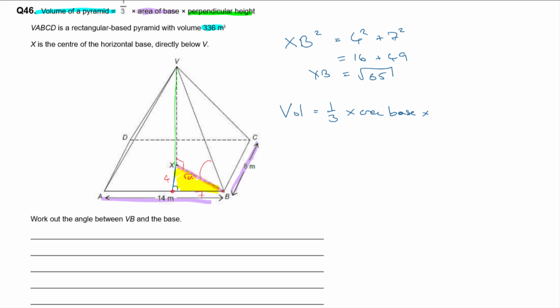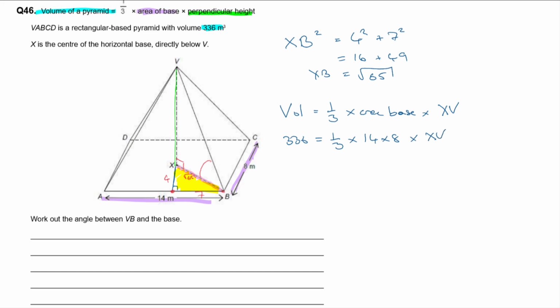Well, I'm just going to call it times XV, because that's the side I'm trying to find. So volume I know is 336. And that's equal to 1/3 times the area of the base, which was 14 times 8, and then that's times XV, the side I'm trying to find.